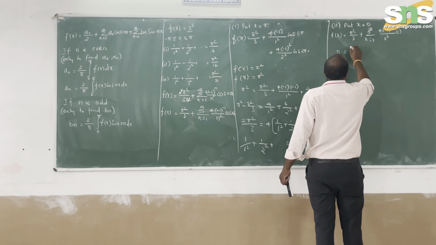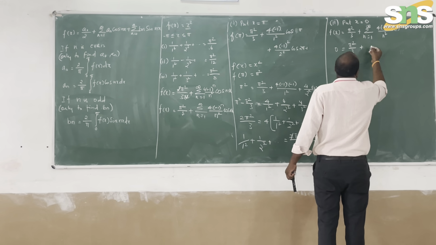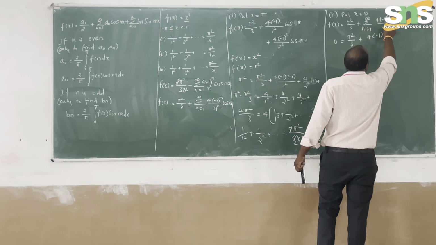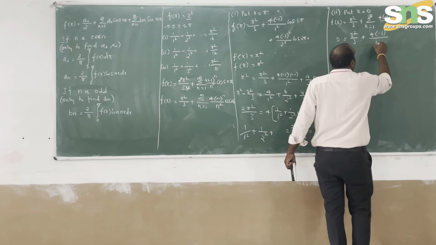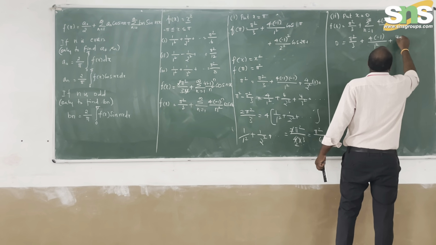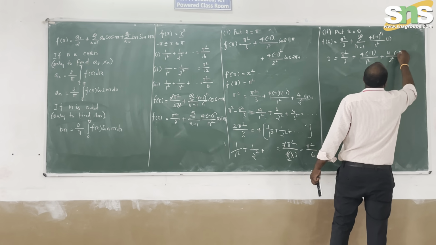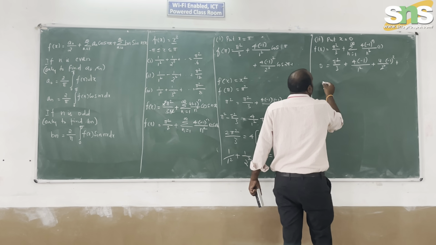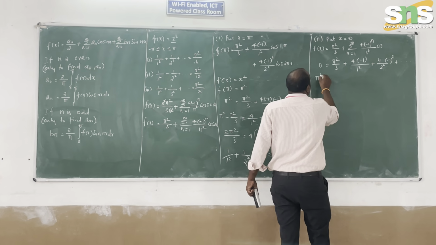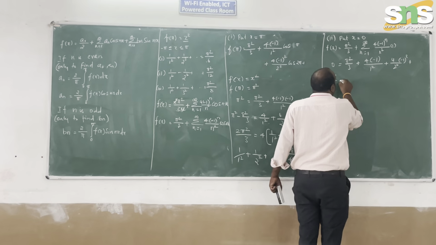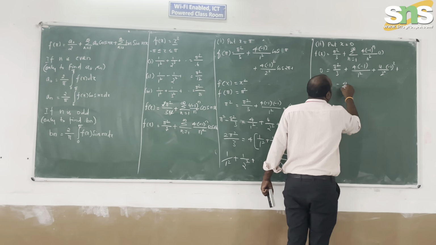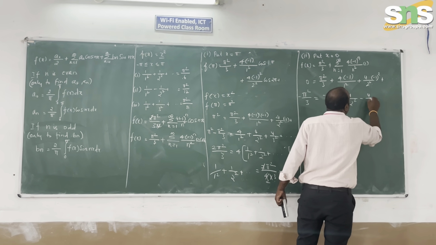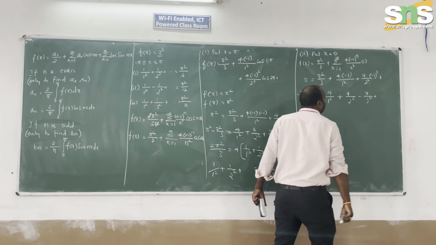Then we apply the value of 0. Then 0 is equal to π²/3 plus 4 into (-1) divided by 1², plus 4 by 2² into (-1)² plus and so on. Then minus π²/3 is equal to minus 4/1² plus 4/2² minus 4/3² plus and so on.